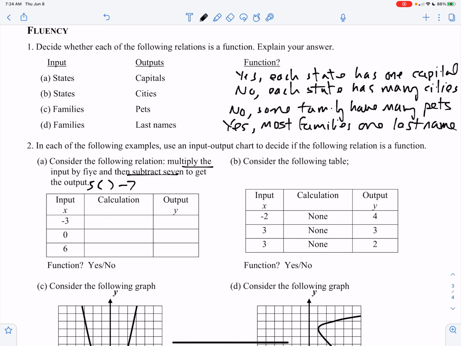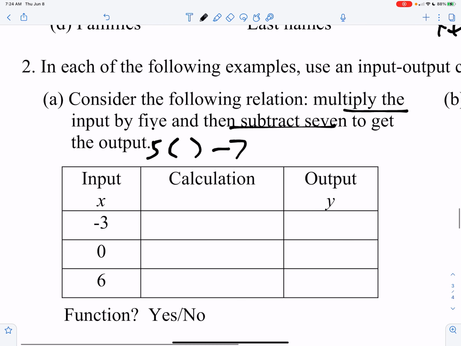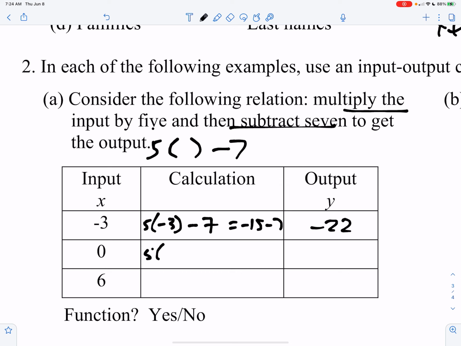So I'm going to go 5 times -3, that's the input, right? Minus 7. Well, I get -15 minus 7 is -22 as the output. Okay, now I'm going to plug in 0 for the input.